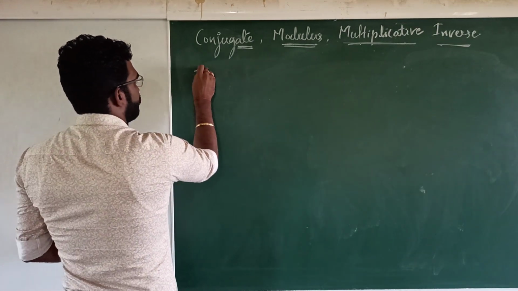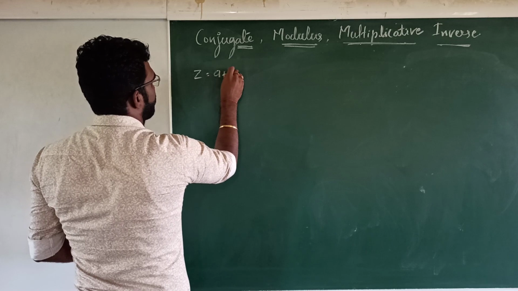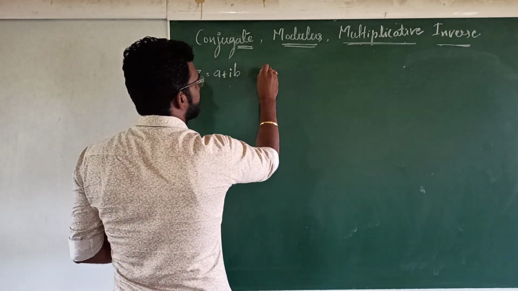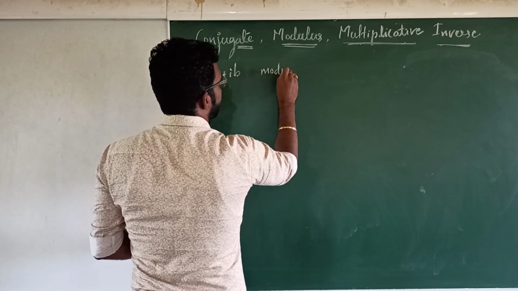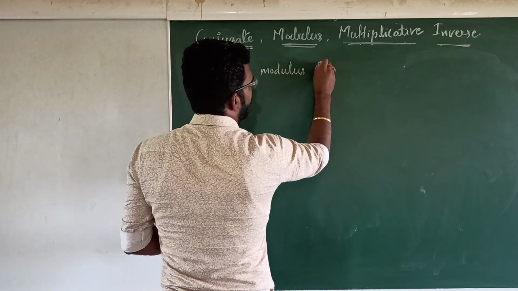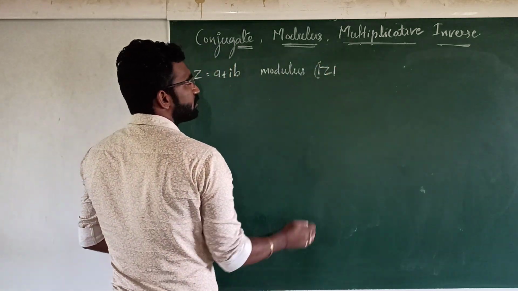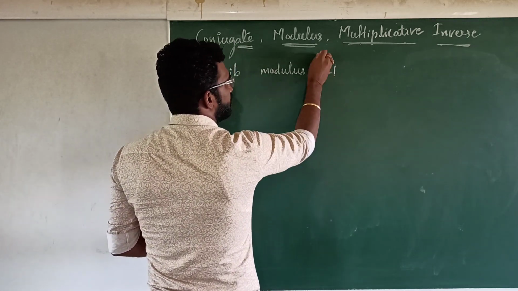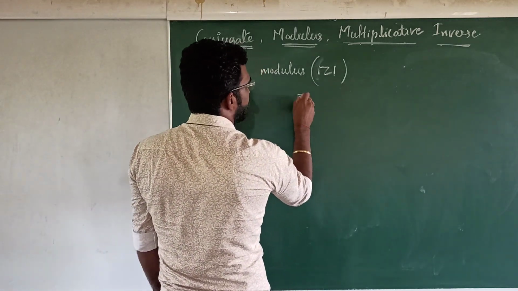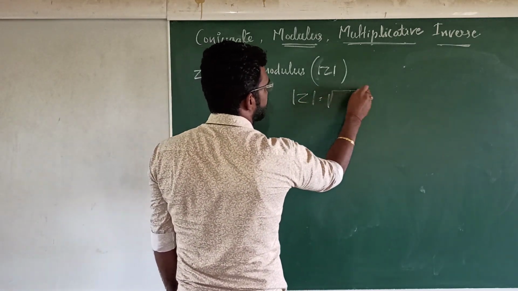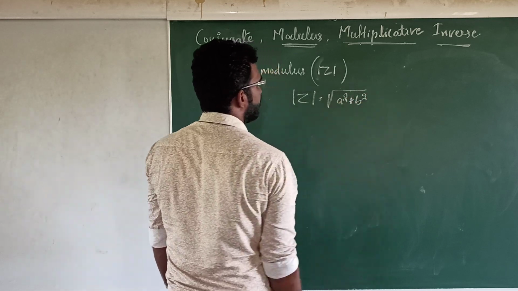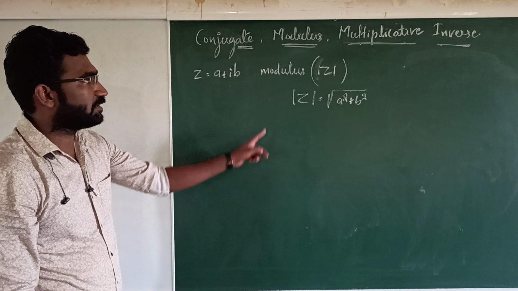For example, if z equals a plus ib is the complex number, then modulus of z is denoted by mod z, which is given by square root of a square plus b square, right?